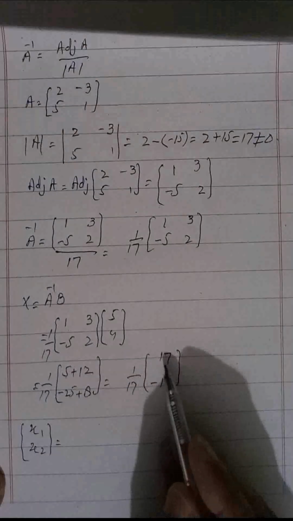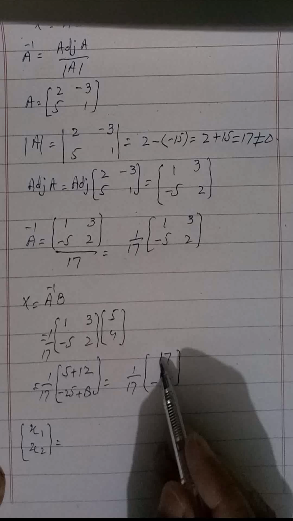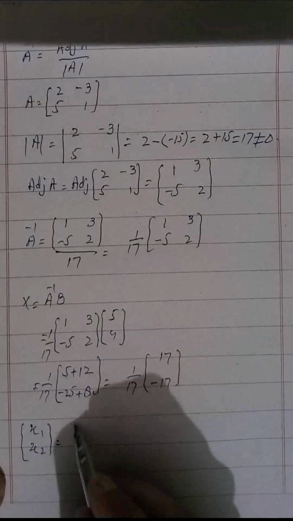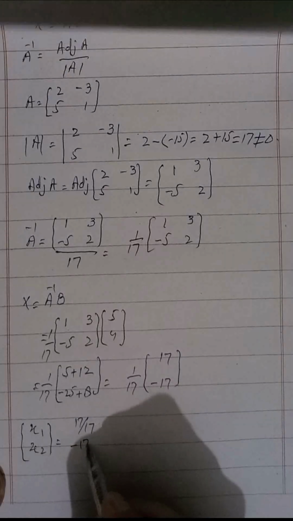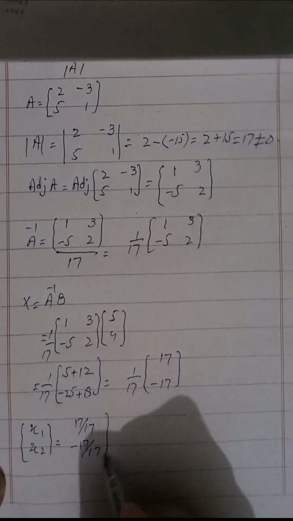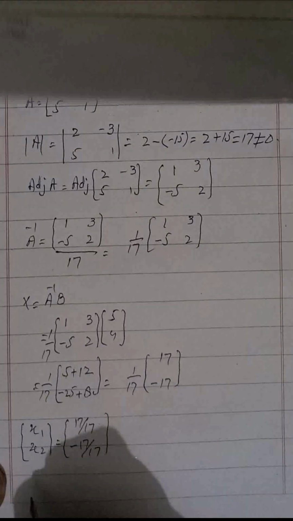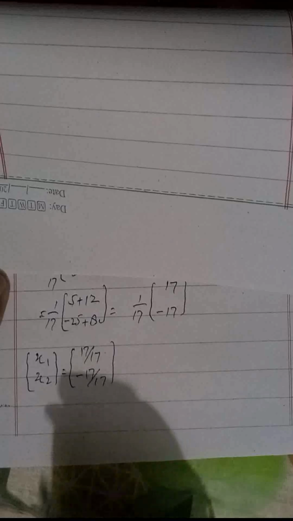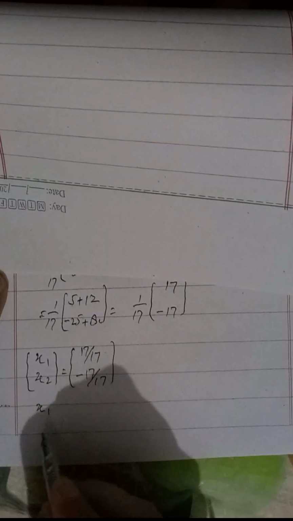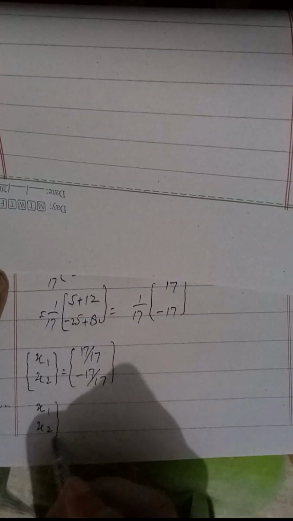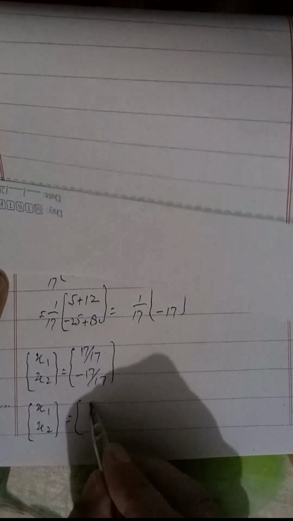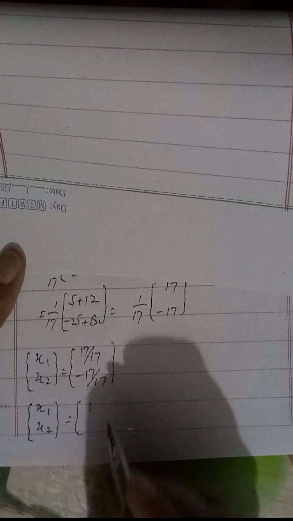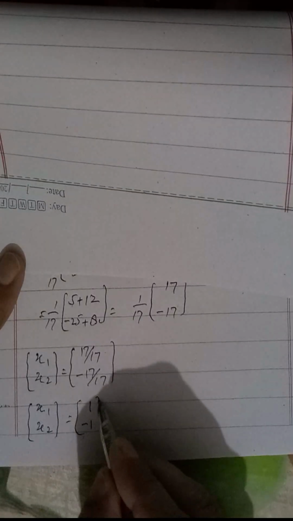We know that X is x1, x2, equal to, now we divide, 17 over 17 and minus 17 over 17. Simplify it. x1, x2 is equal to 17 over 17 is 1 and minus 17 over 17 is minus 1.